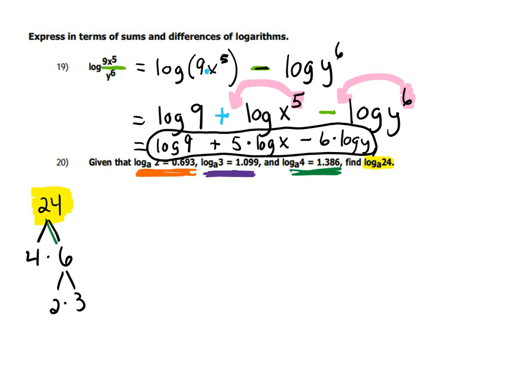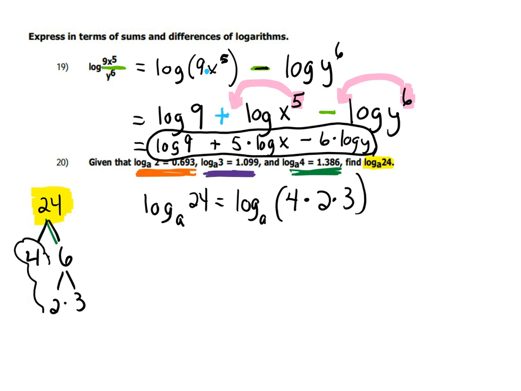So when I saw the log base a of 24, I said, that's going to be the log base a of 4 times 2 times 3. That is this factorization right here. And because they're all multiplied, I used the product rule, which says when you break it up, you add them together.